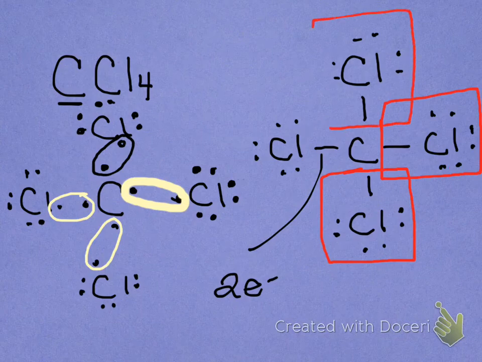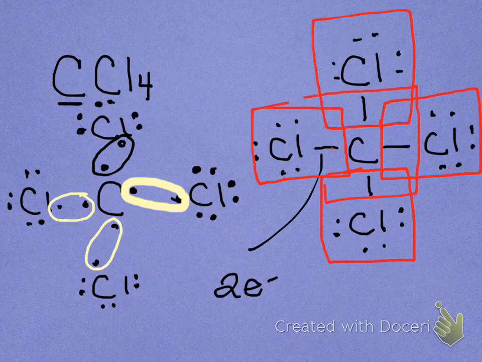This chlorine, 2, 4, 6, 8 valence electrons. So all of these chlorine atoms are happy. What about the carbon? The carbon, if you count each bond, has 2, 4, 6, 8 valence electrons.